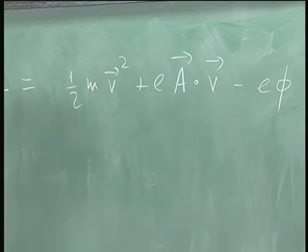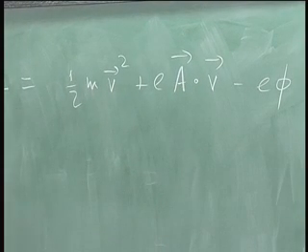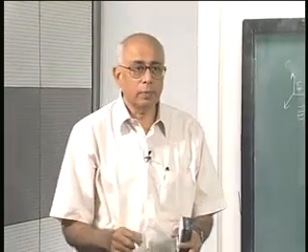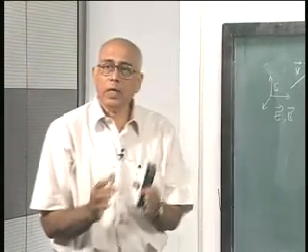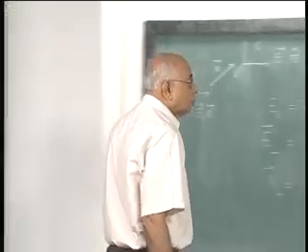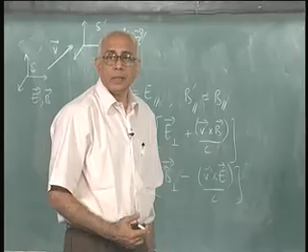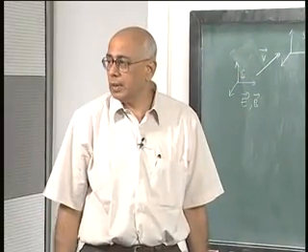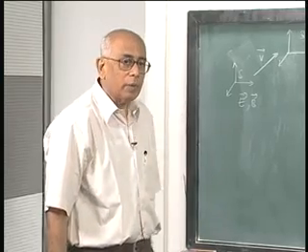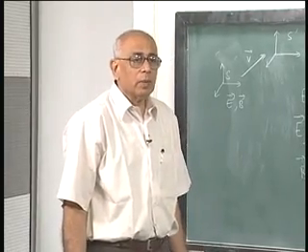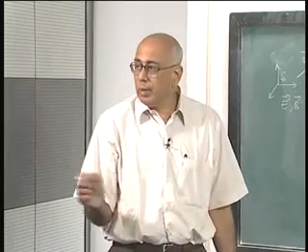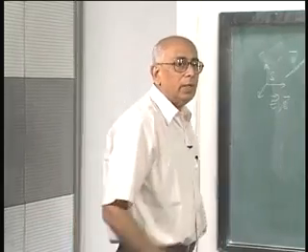That was the Lagrangian which we wrote down for a charged particle in an electromagnetic field, and it was tailored in such a way that we got the Lorentz force equation: m dv over dt is the charge times electric field plus v cross B. Now we should ask what happens in the relativistic case. First we should ask what is the Lagrangian for a free particle in the absence of an electric or magnetic field. For a free particle I know the momentum is going to be conserved, but I know the momentum is not a linear function of the velocity. It is mv divided by square root of 1 minus v squared by c squared. I need to produce that.